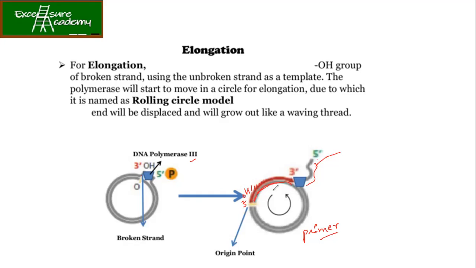Which strand is acting as the template? The lower one, right? Where this 5' has been removed. Is this much clear to you guys? Yes, ma'am. Okay, Tanvi, are you understanding what is happening here? Yes, ma'am. Okay, now let's see.